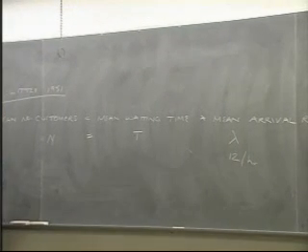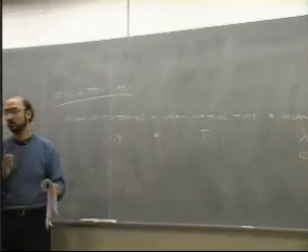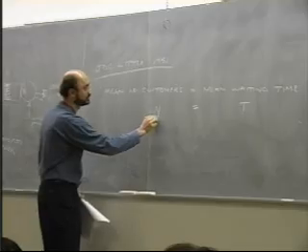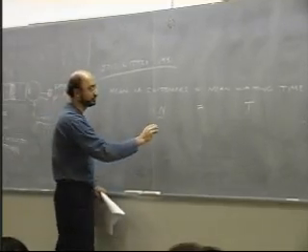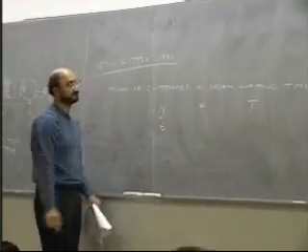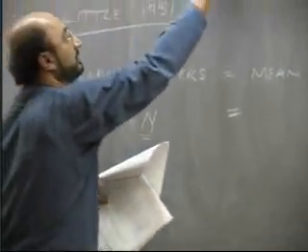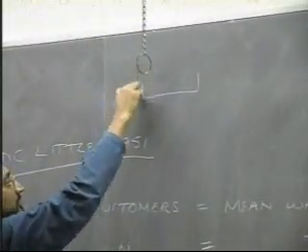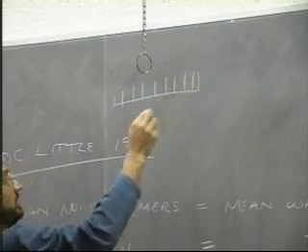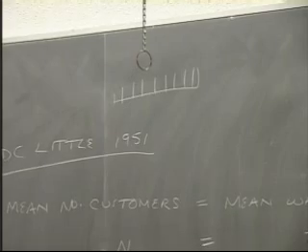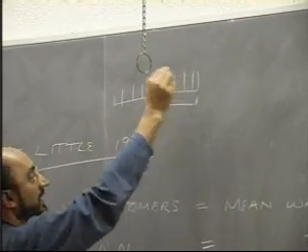I'm going to be getting 12 an hour, and then I have to sit and wait roughly half an hour. So the mean number of customers, which is the mean queue length, is going to be 6. Why is that? Because you can imagine this is 1 hour, and I have these 12 things coming in. So the average is essentially what happens over this time.